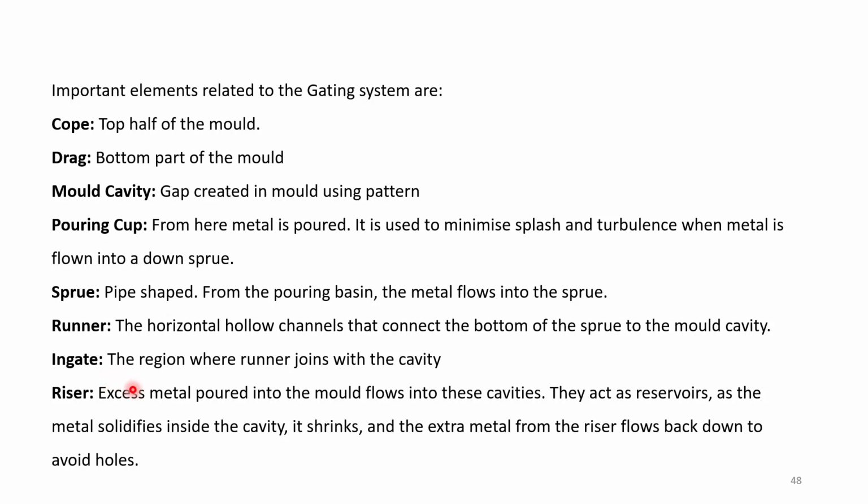Next you have riser. It is the excess metal which is poured in the mold. It flows into these cavities, and they act as reservoirs as the metal solidifies inside the cavity and shrinks, and the extra metal from the riser flows back down to avoid holes.